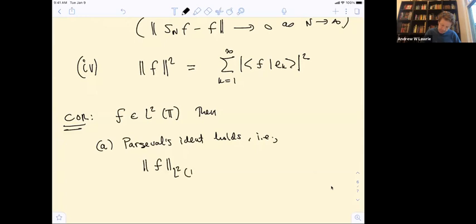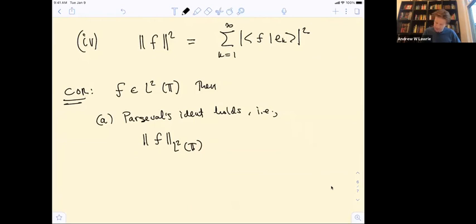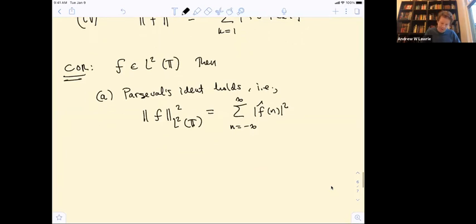T squared is equal to the sum from n equals minus infinity, n squared.